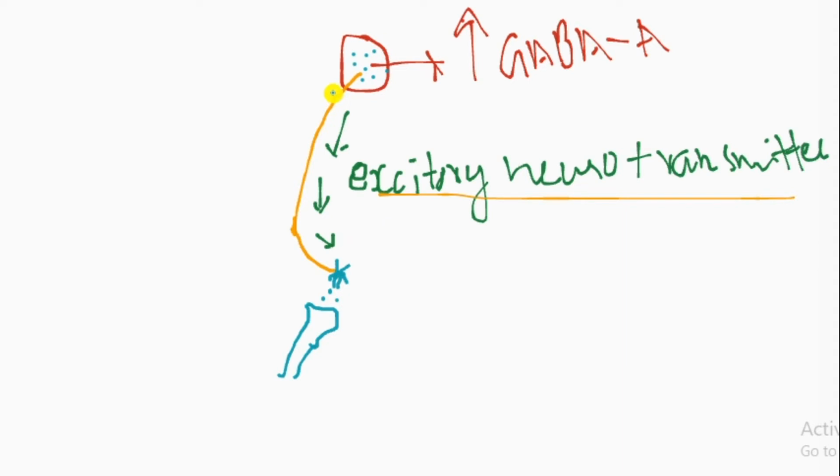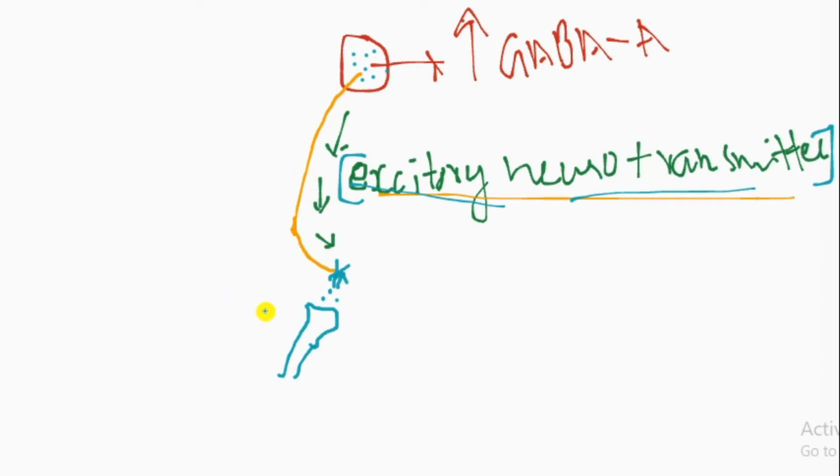When a person is in a situation of fear and anxiety, the amygdala sends signals to the brain through excitatory neurotransmitters like glutamine, and it transmits all the way.